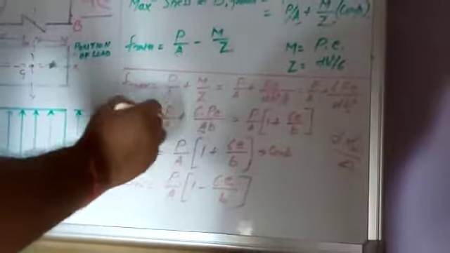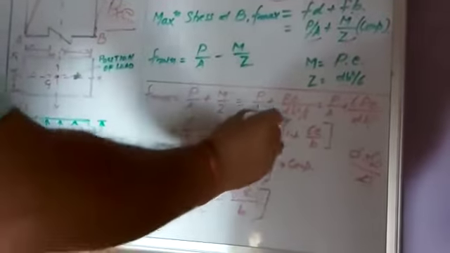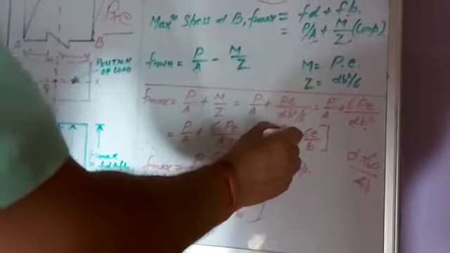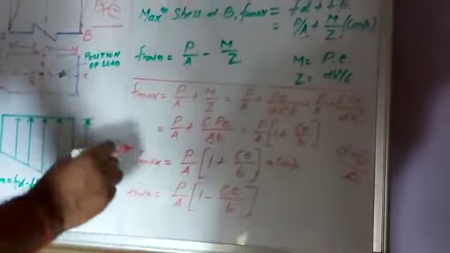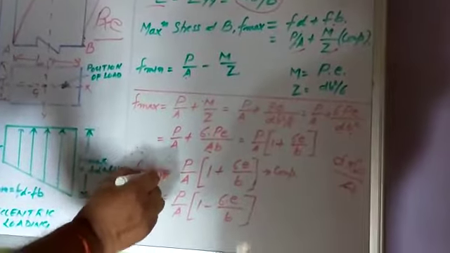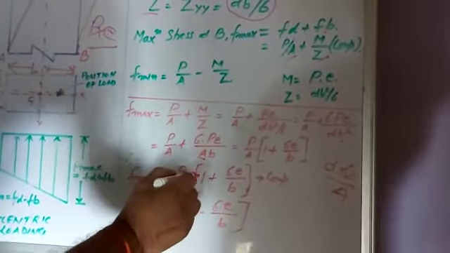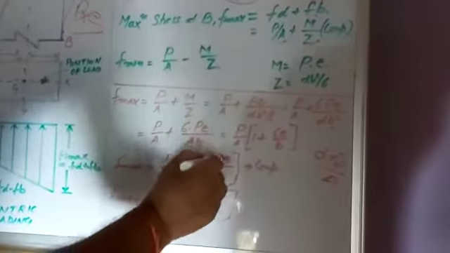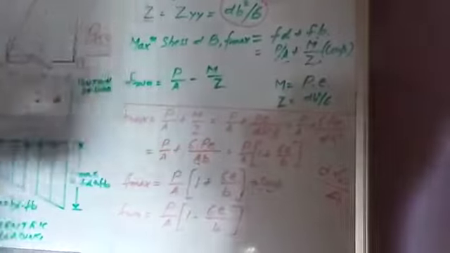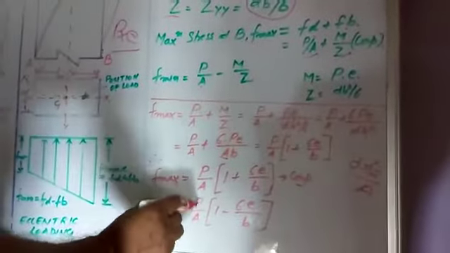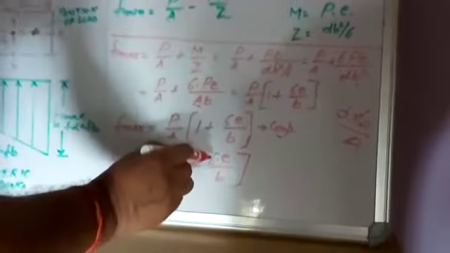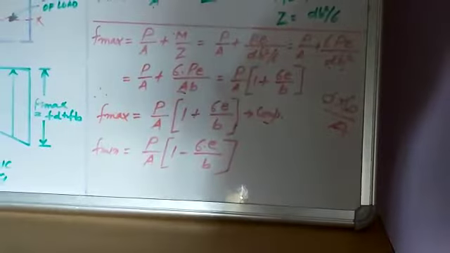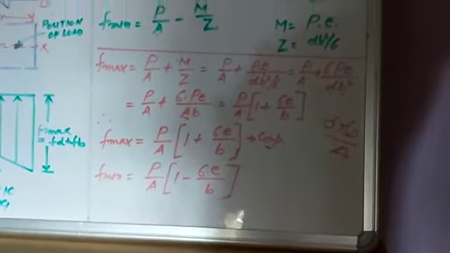Again I have taken P by A as common, so what I get is 1 plus 6E by B. So the maximum stress is P by A into 1 plus 6E by B, that is compressive, and the minimum stress is P by A into 1 minus 6E by B, which may be either compressive or tensile.